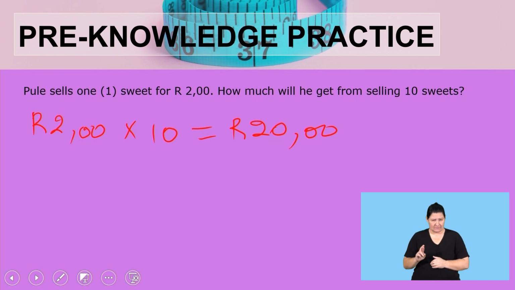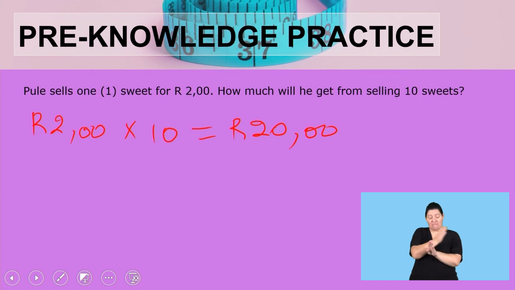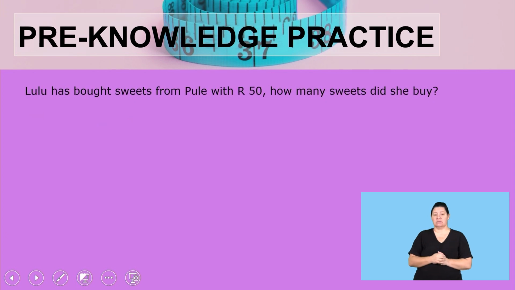Let us have a look at the second example. In the second example, Lulu has bought sweets from Pule with 50 rand. How many sweets did she buy? I want us to have a look at the previous slide for the price of the sweets, because this is the follow-up question. So the price of 1 sweet is 2 rand. Then Lulu bought the sweets for 50 rand. If we want to know how many sweets she bought, we must know the price of 1 sweet.